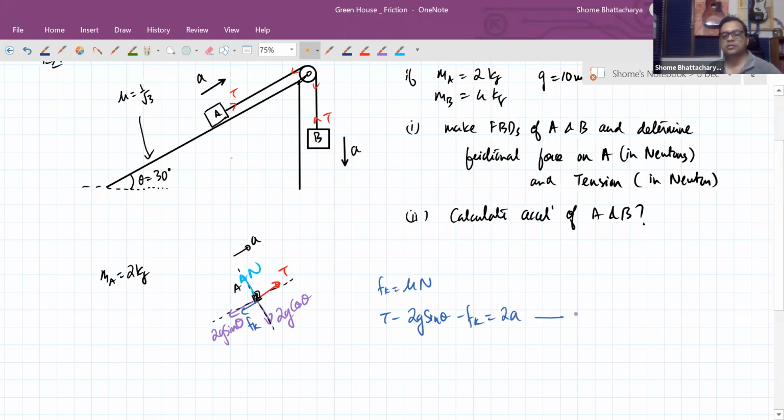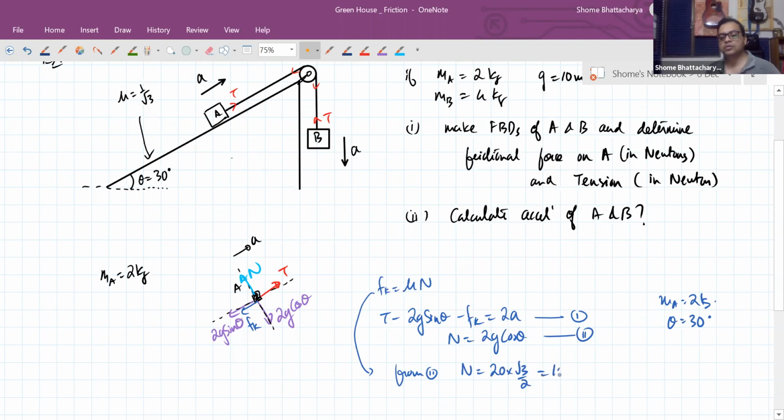This is one equation, because the mass of A we are taking as 2 kg. And of course theta also is 30 degrees, so we'll plug that in later. And we have normal reaction is equal to 2g cos theta. So that's our second equation. From equation 2, you can see normal reaction is 20 into root 3 by 2, or 10 root 3 newtons.